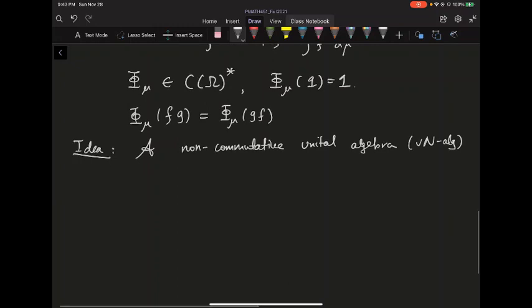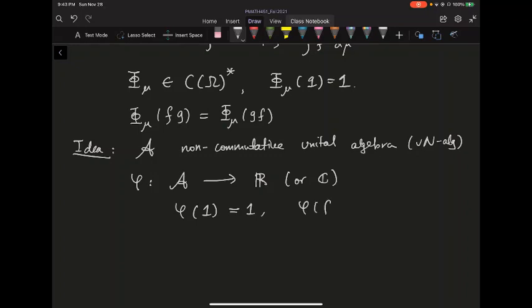Basically, you can think about a continuous linear functional from the dual space on this A to R, or actually usually to the complex numbers. But this looks like a probability if phi maps the constant one function to one, and if f is positive, then you map it to something positive. So this phi looks like a probability.